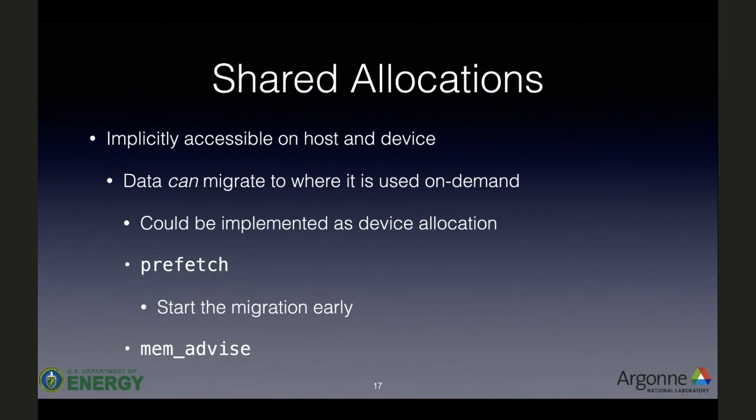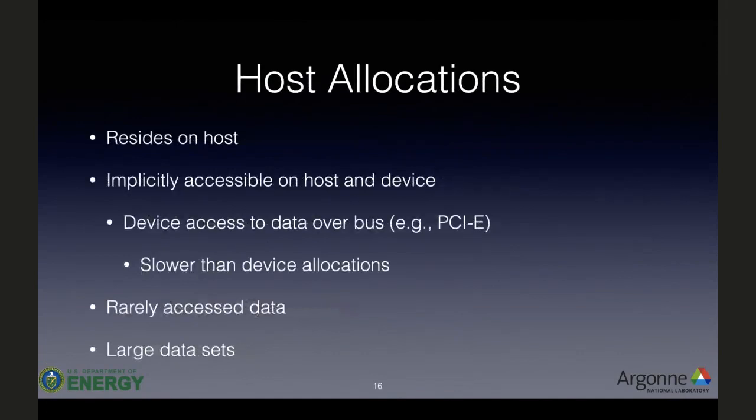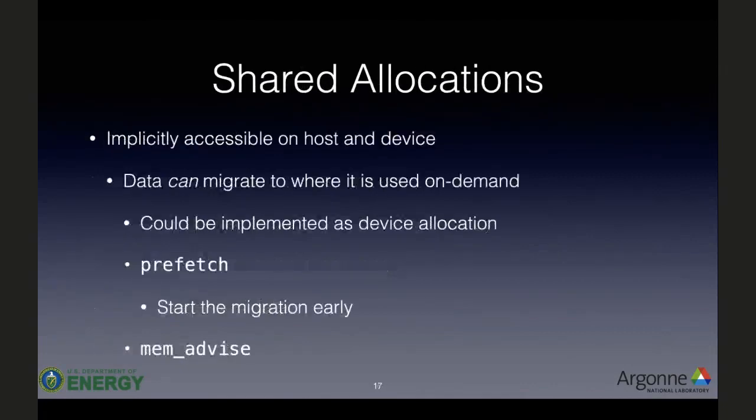That's the envisioned difference between the two. It remains to be seen how we're going to use it, because this is a new feature. But that's what I would say the main difference is. For rarely accessed data or very large data sets, the host can have lots of memory, and the device does not. That answers the question.